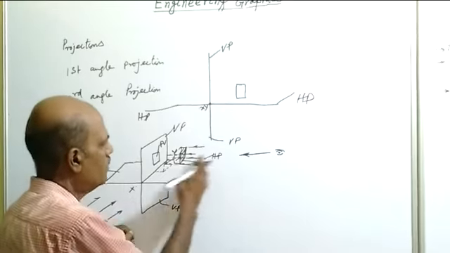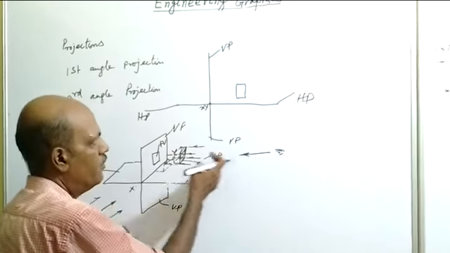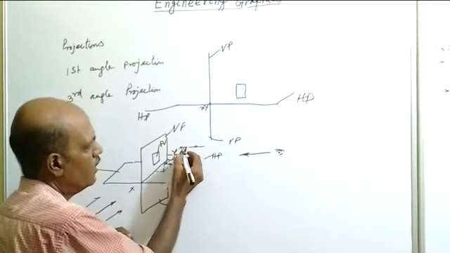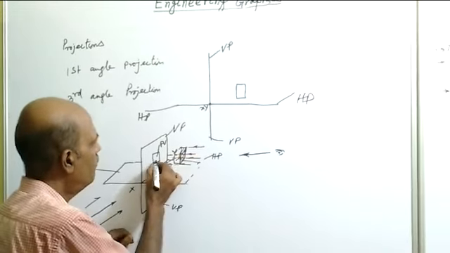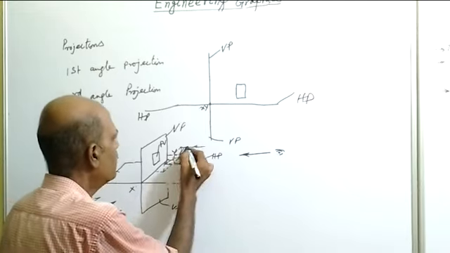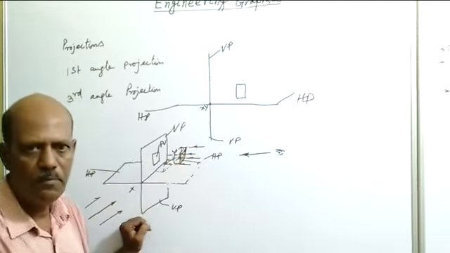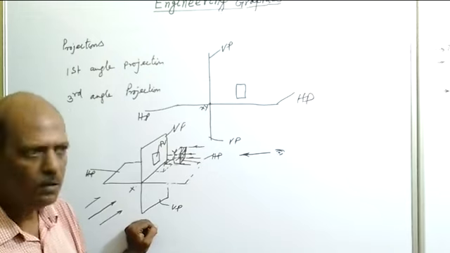So when the observer looks at the object from the right side, the front view of the object, he can see only this face, and the view or the image of this face will be projected on VP, and that is called the front view of the object.